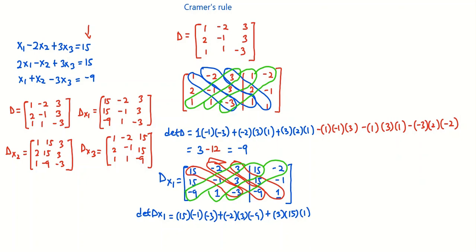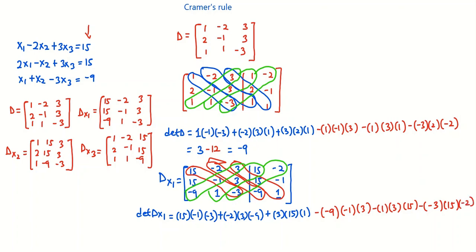Now let's look at the diagonals on the bottom left. We are going to have minus minus 9 multiplying minus 1 multiplying 3. They're going to have minus 1 multiplying 3, multiplying 15. They are going to have minus 3 multiplying 15, multiplying minus 2.